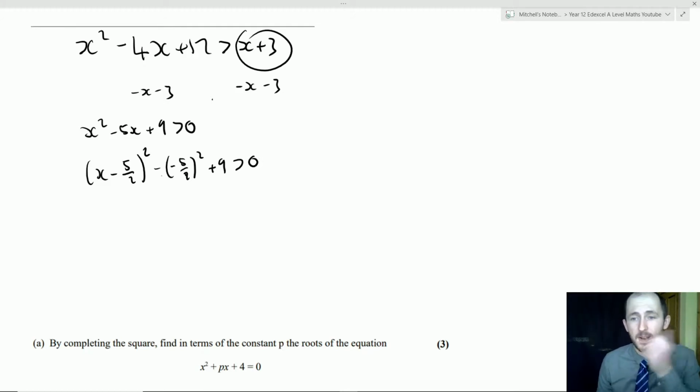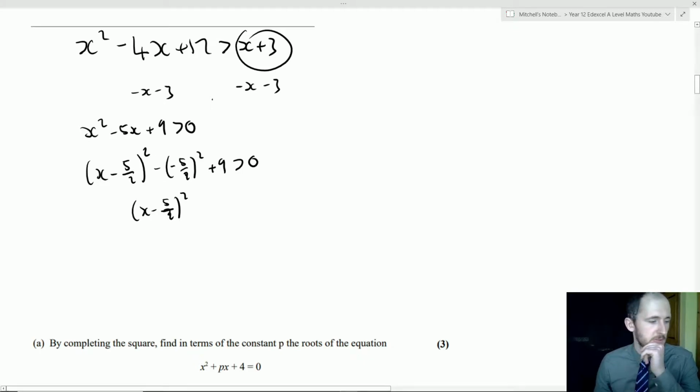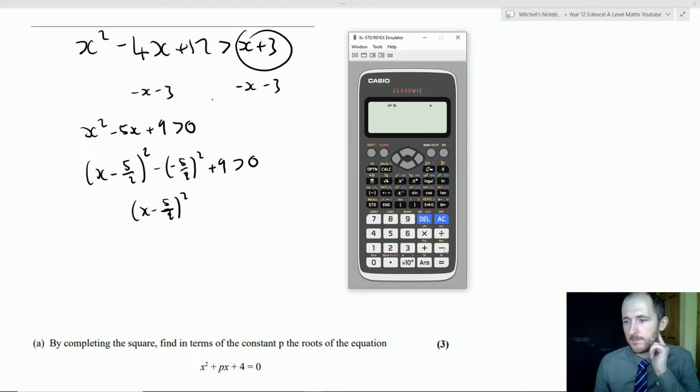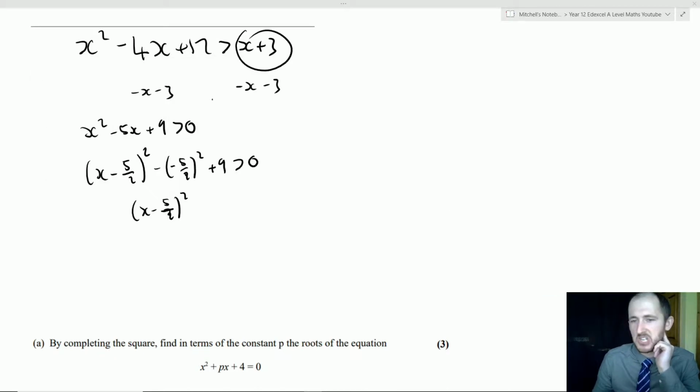You can use a calculator to work this out if you want to, because it's a calculator paper, or you can work it out using fractions if you prefer. We have minus 5 over 2 squared and then plus 9 on the end, which gives me 11 over 4. I'm going to leave it as a fraction because it looks a bit better.